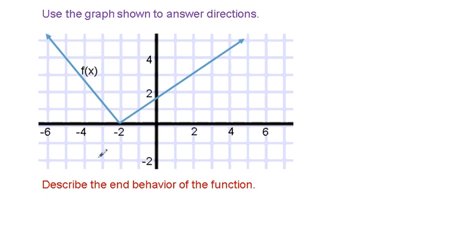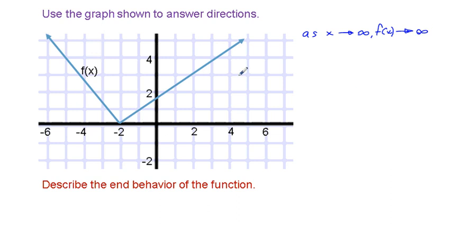So that's going to be that one. Next, describe the end behavior of the function. Okay, here it is. We're going to go to the right. As x approaches infinity, what does f of x approach? As x goes positive to the right, what does y do, or f of x do? Well, it also approaches positive infinity.